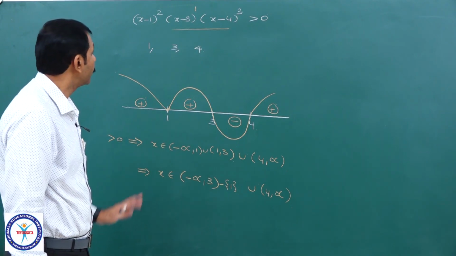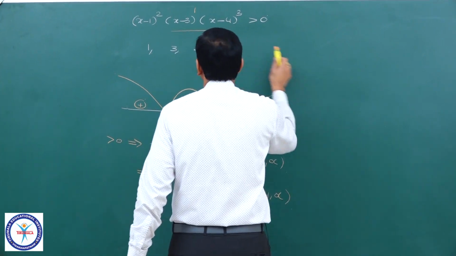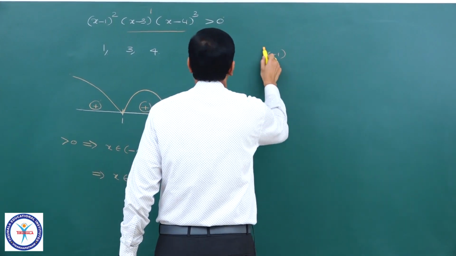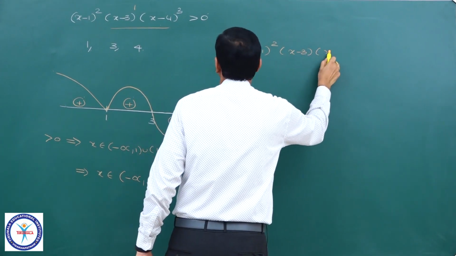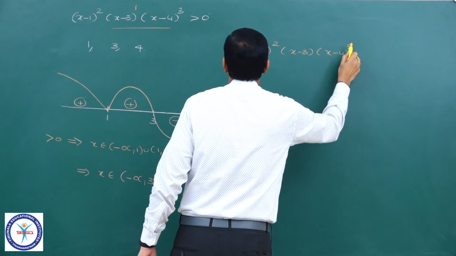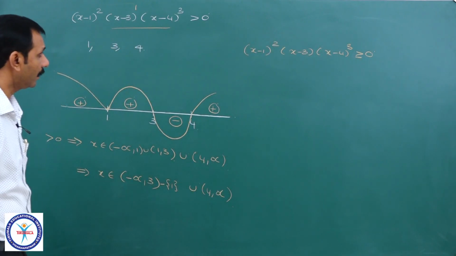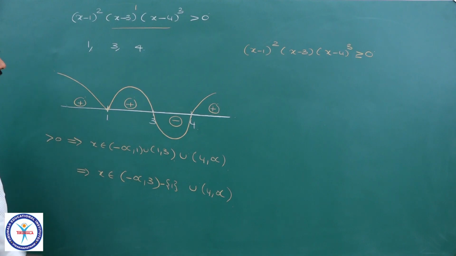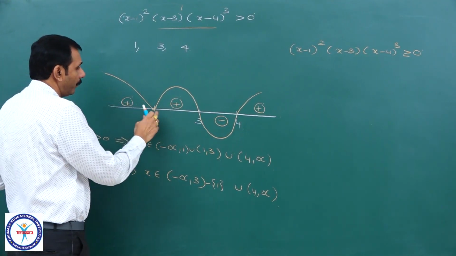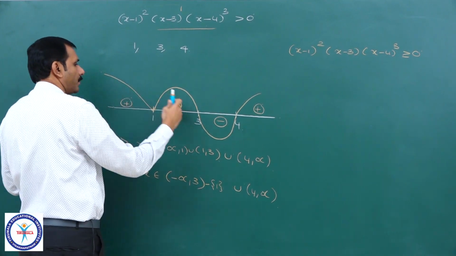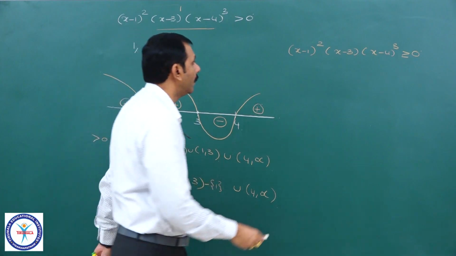Right. Suppose on the same graph, I want (x minus 1) whole square into (x minus 3) into (x minus 4) whole cube greater than or equal to 0. Now write all the values where it is greater than or equal to 0. Greater than or equal to 0 means either 0 or positive, complete till 3 and from 4 to infinity.